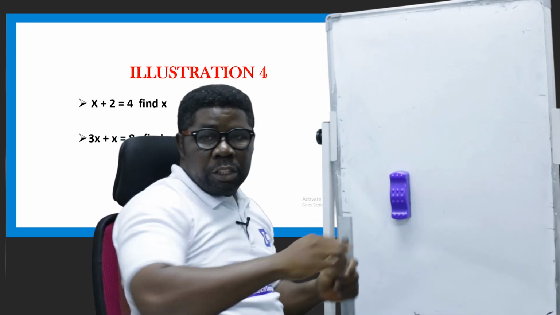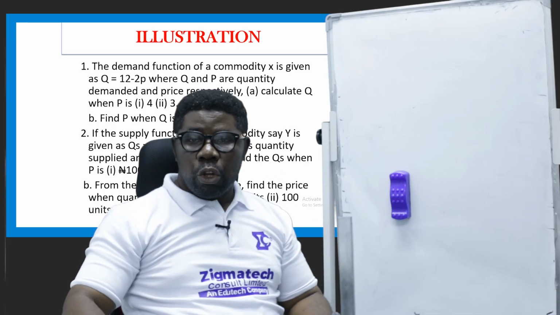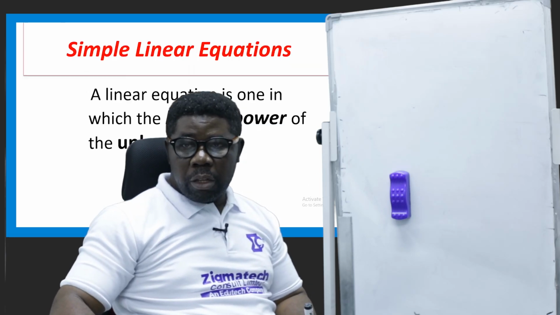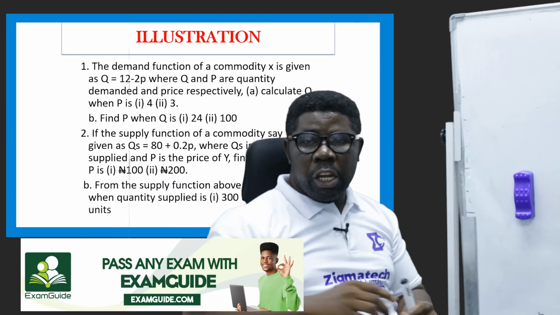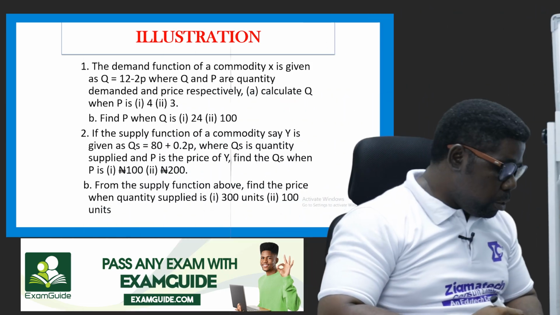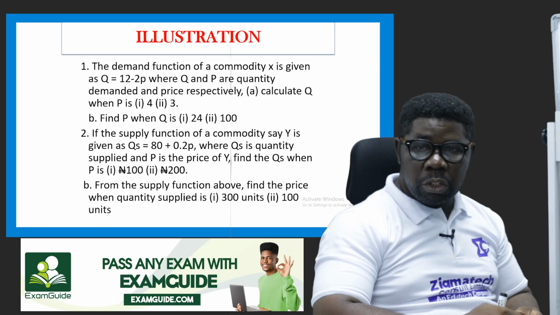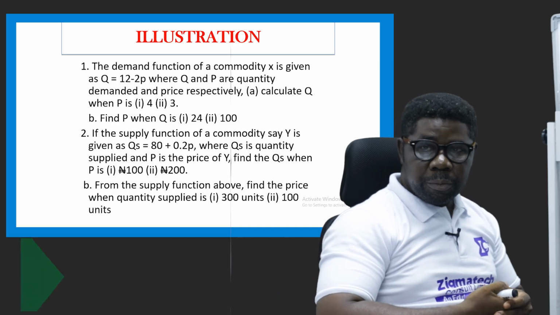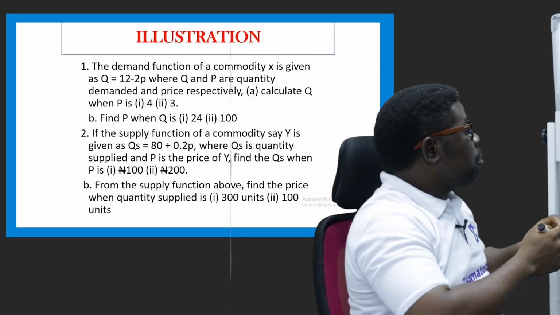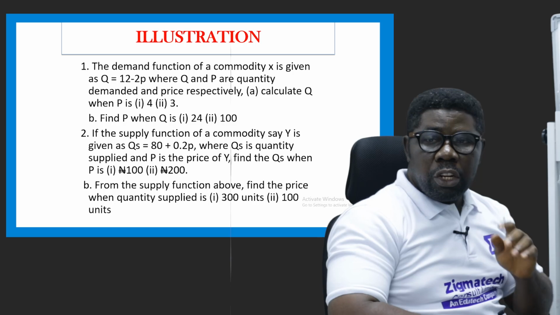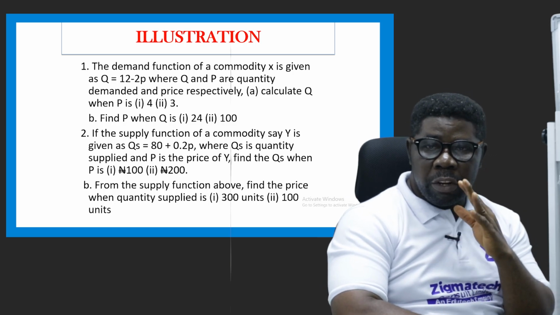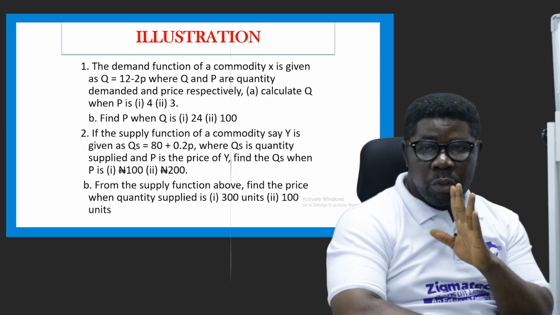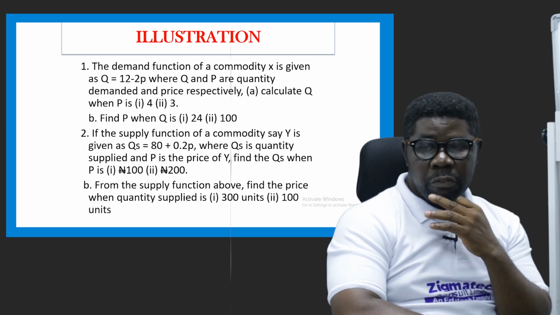Based on what we've learned here, we can go further to look at this illustration. This illustration is a linear equation that explains the demand function and supply function. Let's look at it carefully. The demand function of a commodity X is given as QD equals 12 minus 2P, where Q and P are quantity demanded and price respectively.